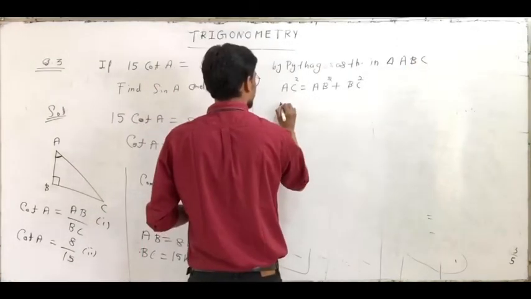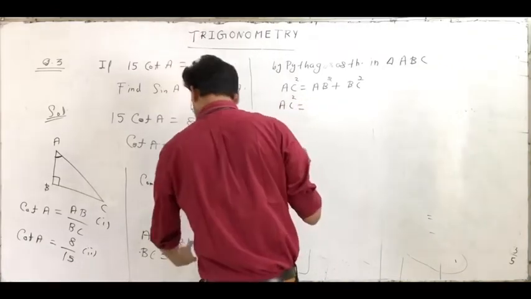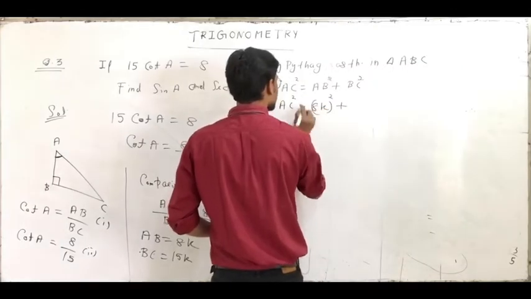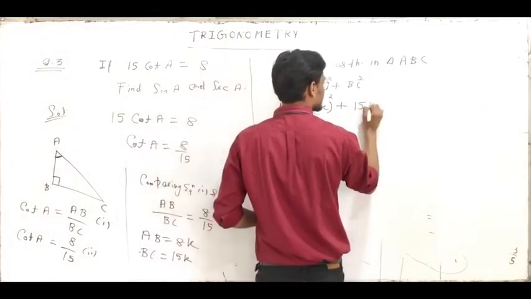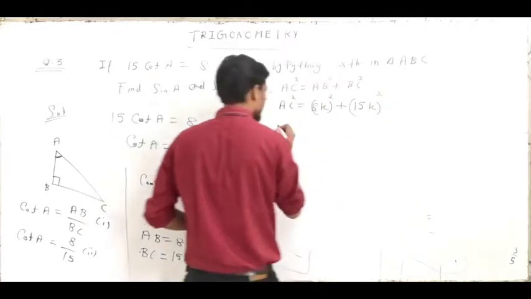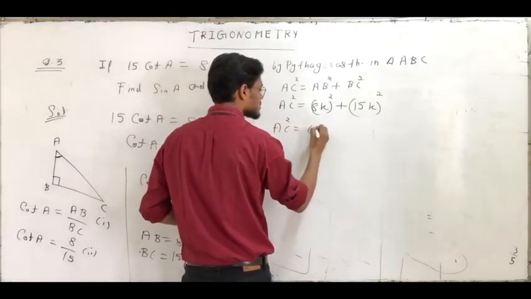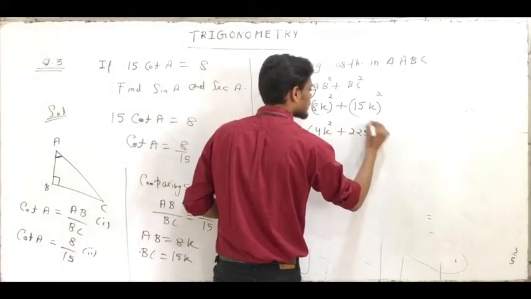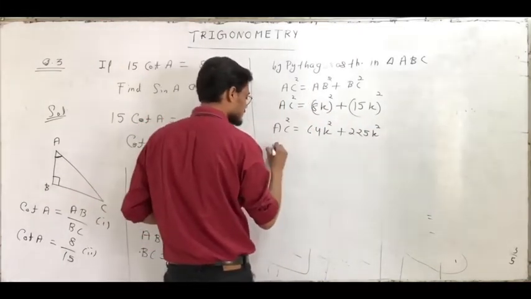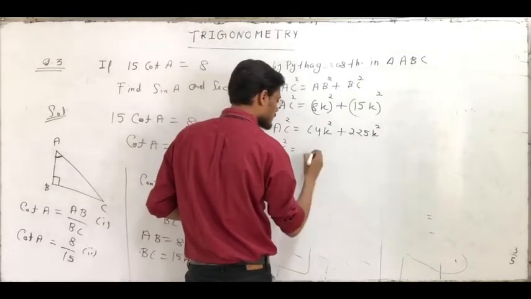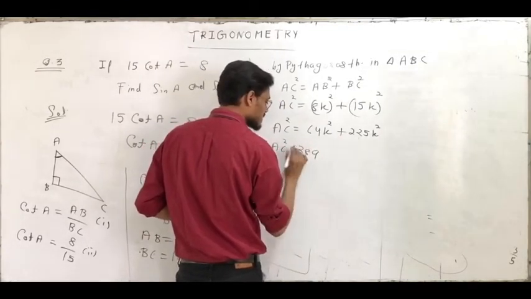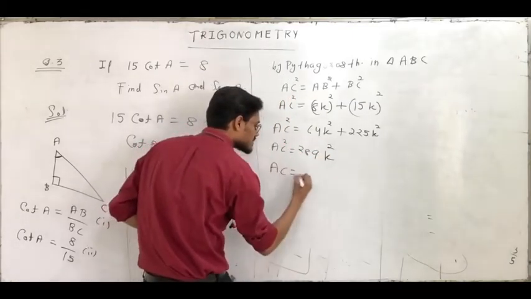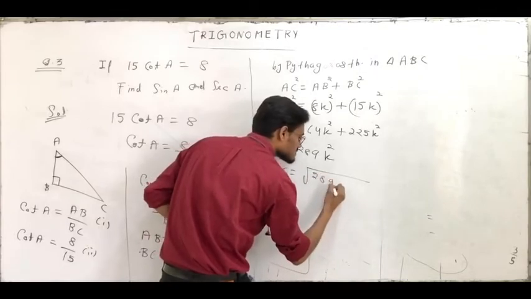AB is 8K square and BC is 15K square. So I will get 64K square plus 225K square, since 15 square is 225 and 8 square is 64. Adding these, it is 289K square.